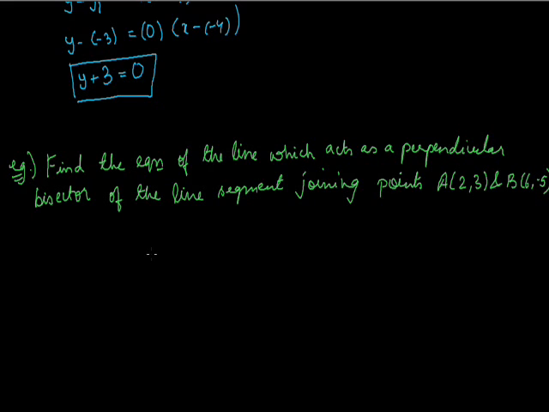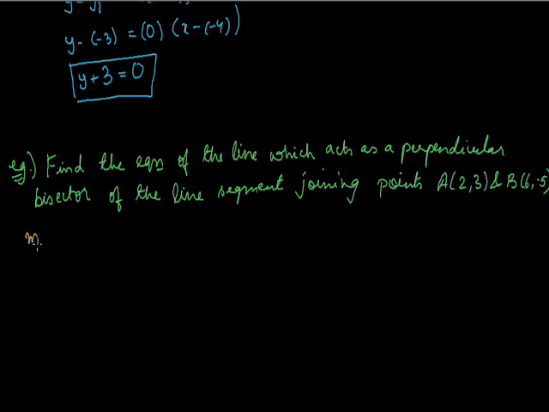Now we are required to find the equation of the line which acts as a perpendicular bisector to the line segment joining points A and B. For that, I'll first calculate the slope of the line segment which joins these 2 points.